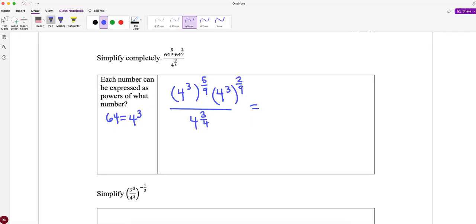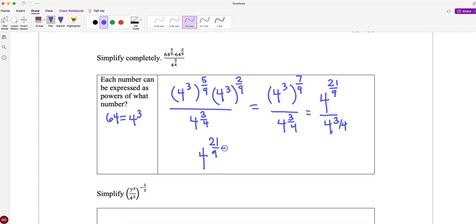I can add these exponents. This is 4 cubed to the 7/9 over 4 to the 3/4. Now multiply exponents. 4 to the 21 over 9 over 4 to the 3/4. So this is going to be 4 to the 21 over 9 minus 3/4.